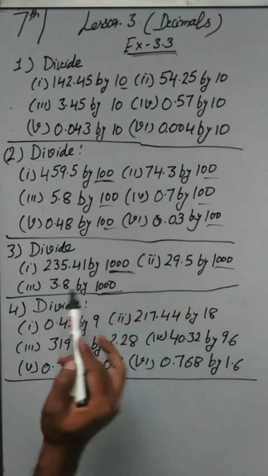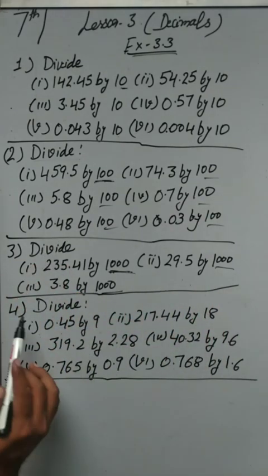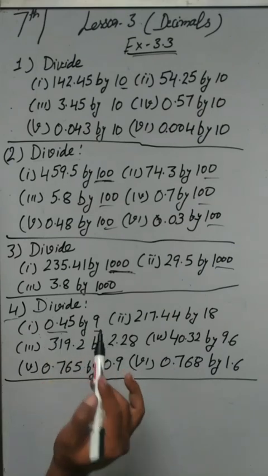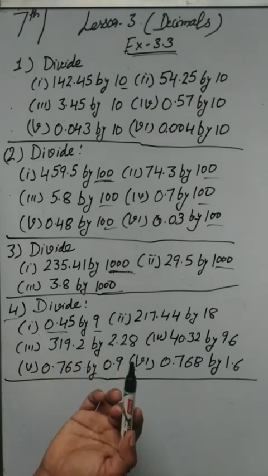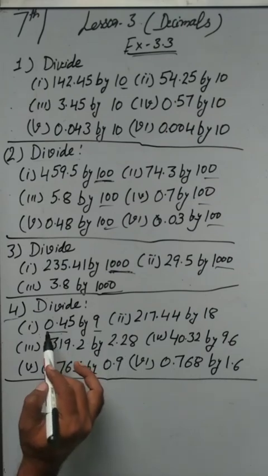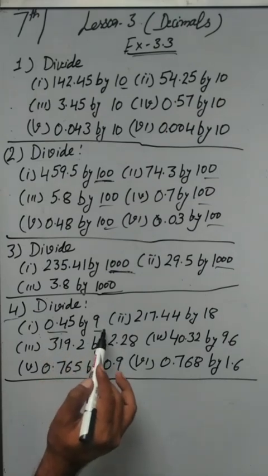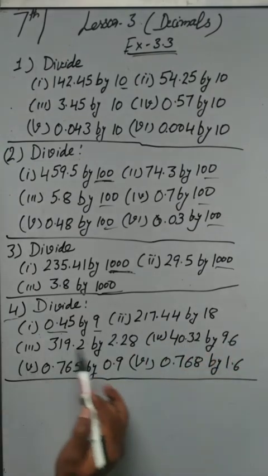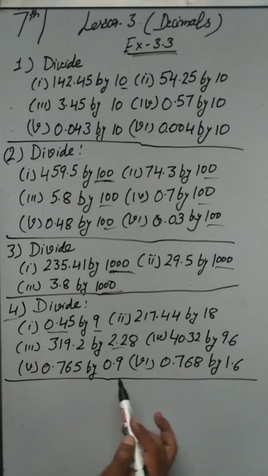Okay, and similarly you will proceed in other parts. And in the fourth question beta, divide a decimal by a whole number, means the second type of problem. Understood beta? Simply you will divide 0.45 by 9, then 217.44 by 18. Similarly you will proceed in other parts. Clear beta?